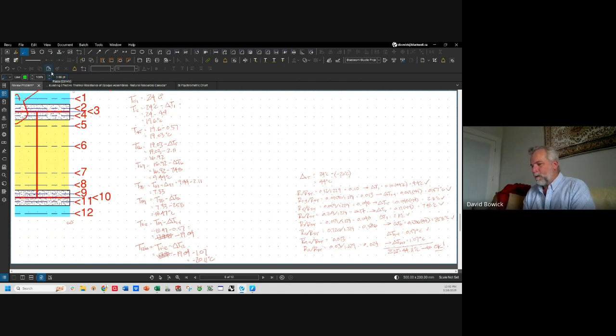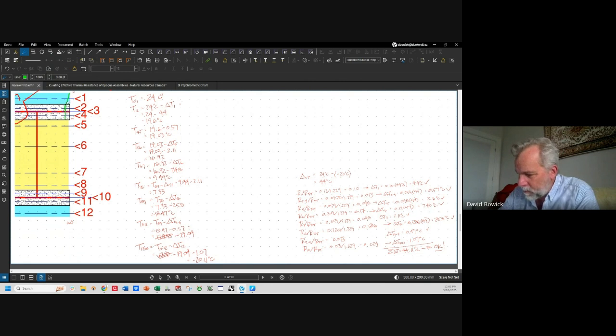And we are going to try and estimate what our temperature profile looks like through here. So this is 24 degrees. We are dropping 4.4 degrees. Then we're dropping next to nothing.